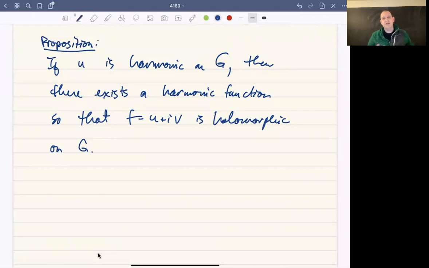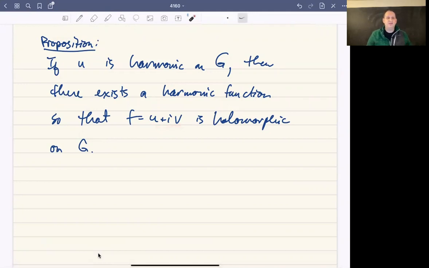The first proposition says if you start with a holomorphic function, then the real and imaginary parts are harmonic. What this proposition says is that if you start with a harmonic function, you can find another function v so that u plus iv is holomorphic.